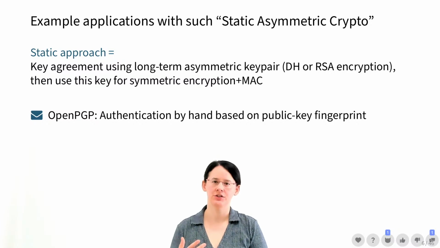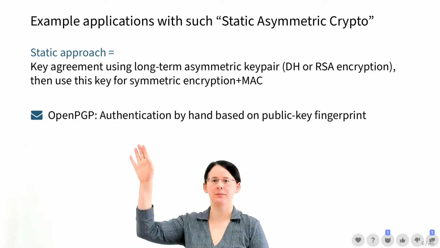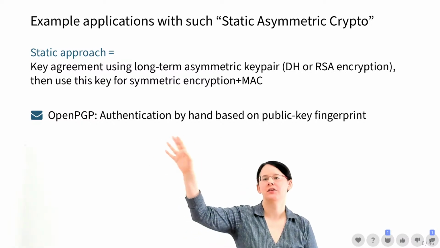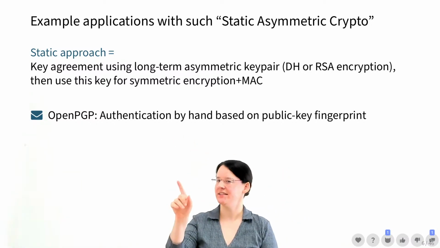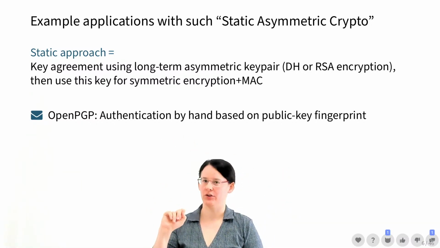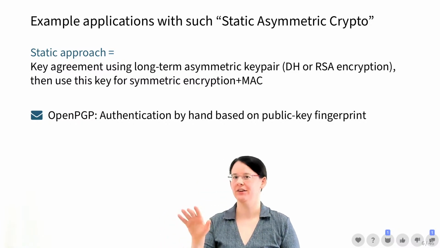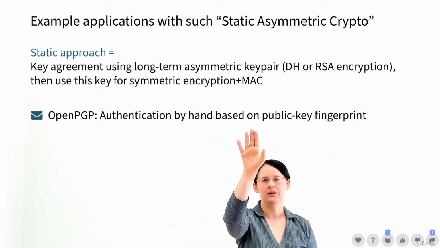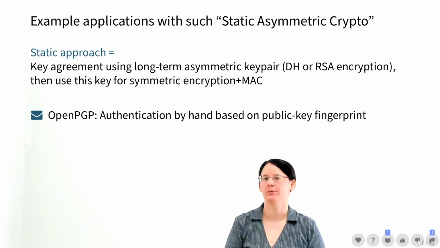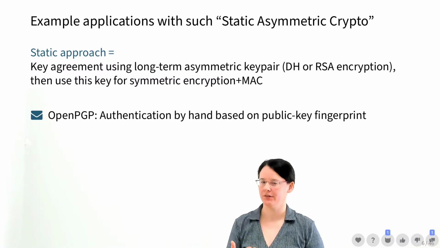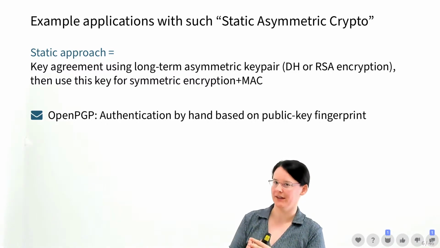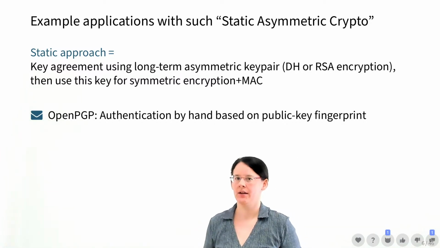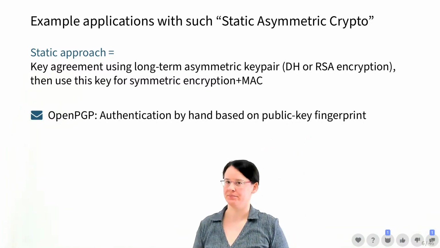Ideally, this has some additional authenticity protection because somebody actually asked Alice, is this key on the key pool actually your public key? And Alice said, yes, here is what my public key looks like. So, for example, they could compare what's called a public key fingerprint, which is just a short hash of the public key to make it easier to match, because public keys can be really large.